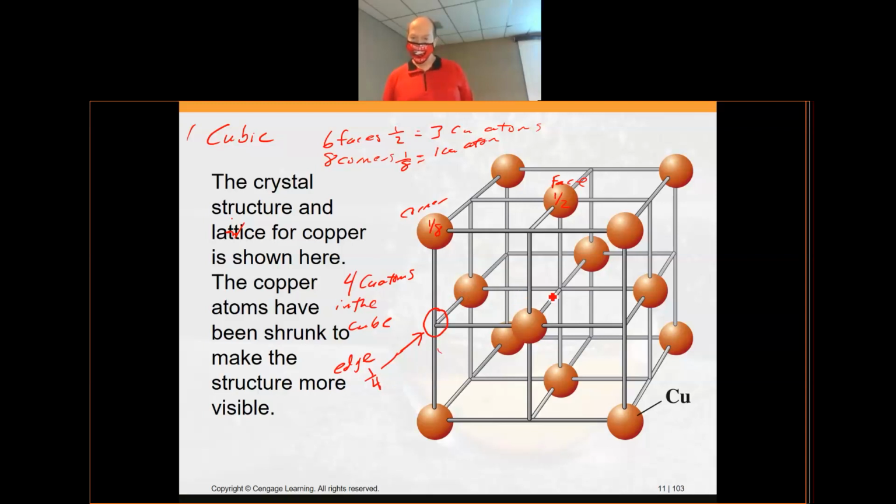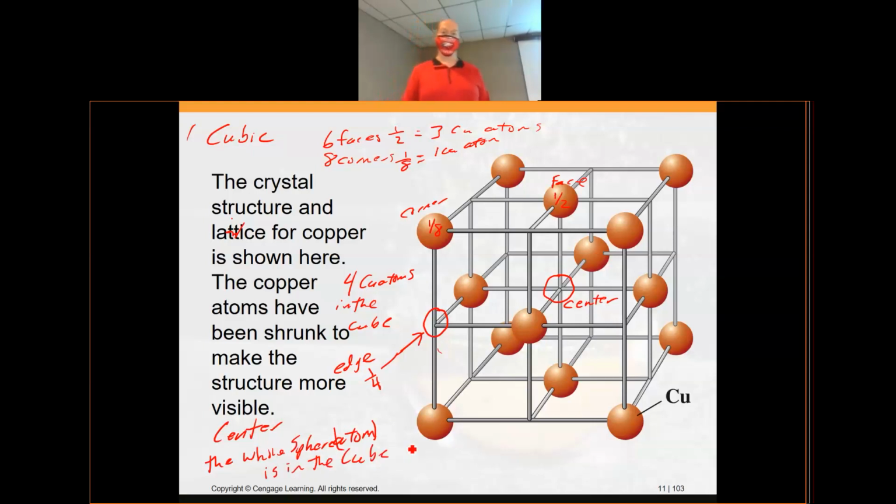If you were in the center, that one is called the center. If you're in the center, the whole sphere is in the cube.